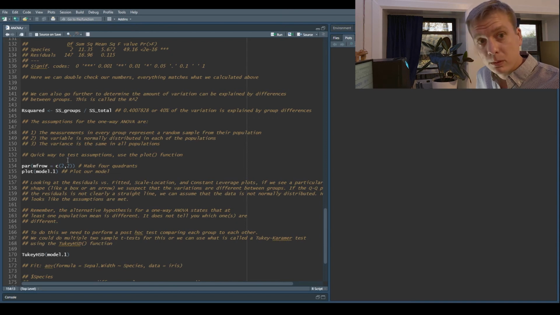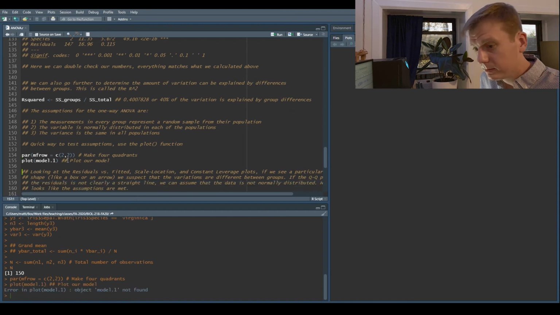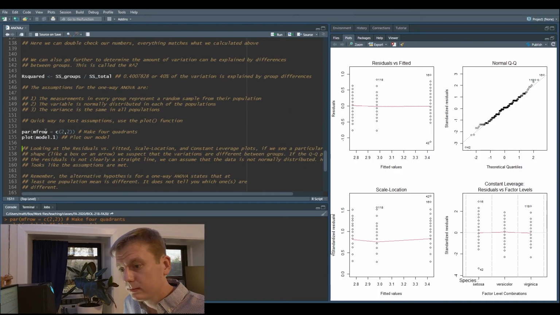This will give us 4 cells. And then we plot our model. So we plot model.1. This is the same format as the summary function. And we run that. And you can see we have 4 different plots here. We have residuals versus fitted, normal QQ, scale location, and constant leverage.